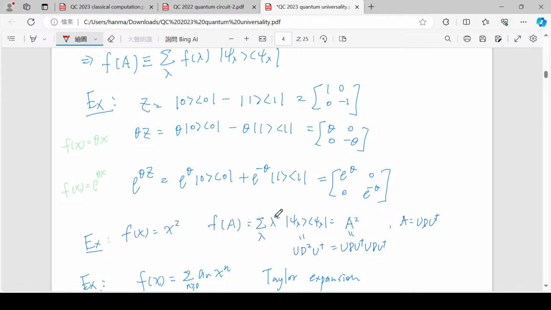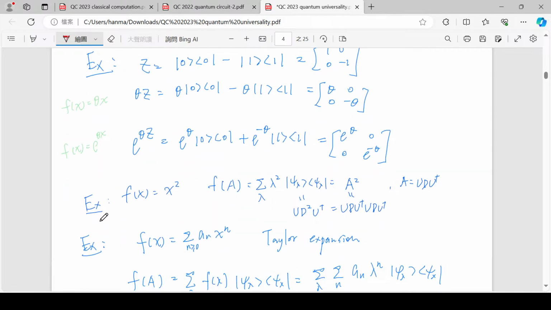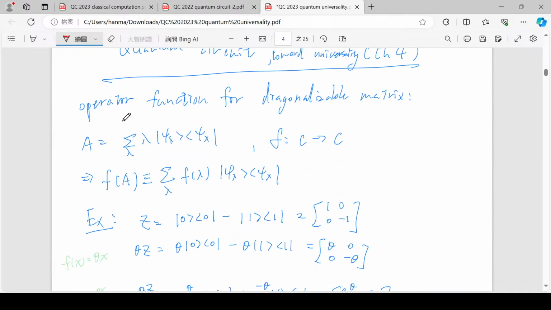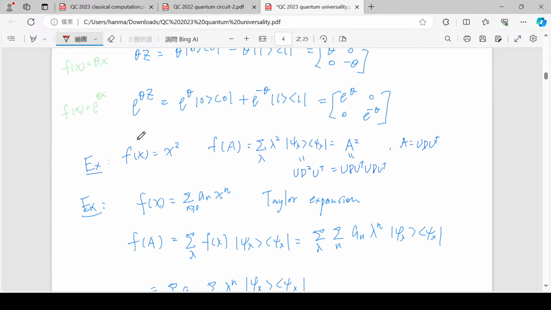Every eigenvalue gets squared, so D becomes D squared: U D squared U dagger. Then you can insert U dagger U in between, so that's U D U dagger times U D U dagger, which is A squared. So you see this does what you expect it to do.